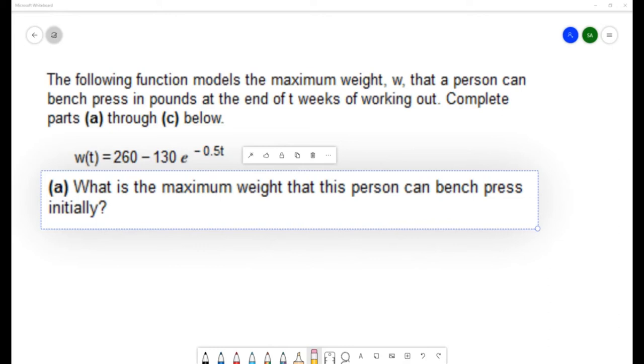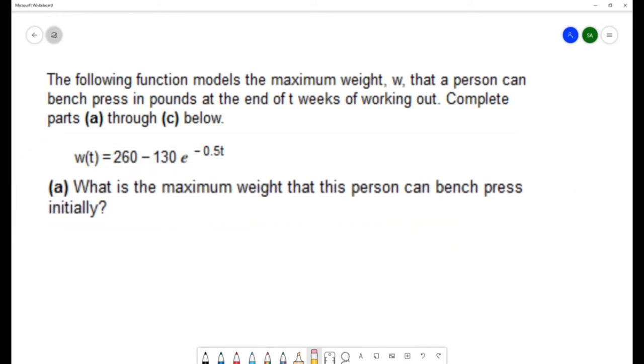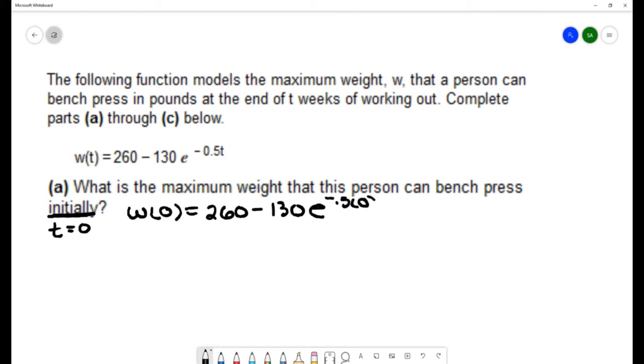So in part A, we want to find the maximum weight that this person can bench press initially. Initially is at time equals 0, so we're going to substitute in 0 for time. That gives 260 minus 130 e to the negative 0.5 times 0.